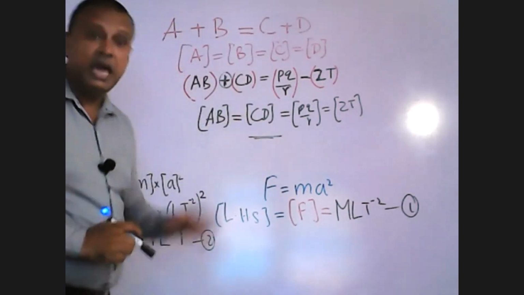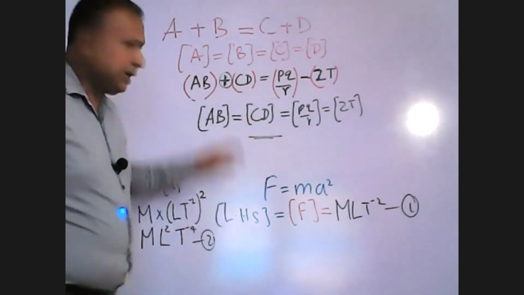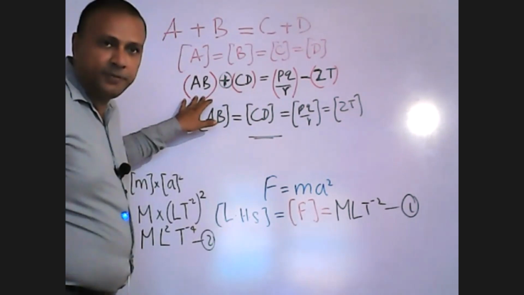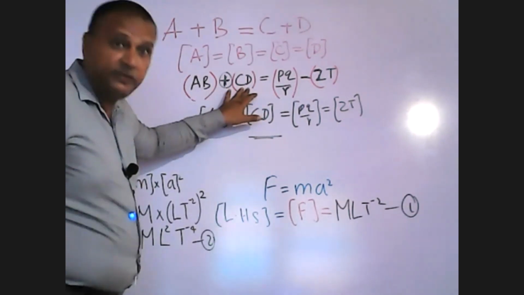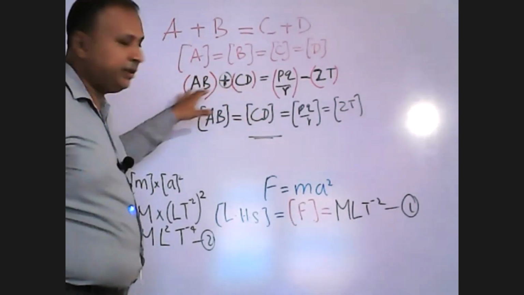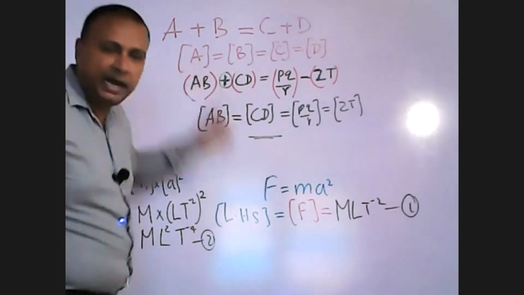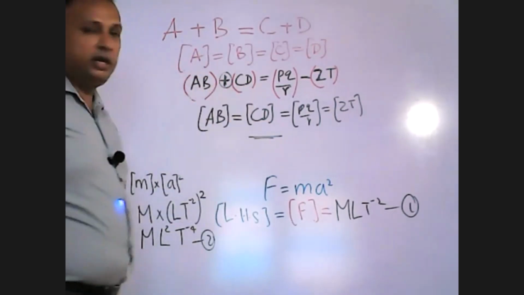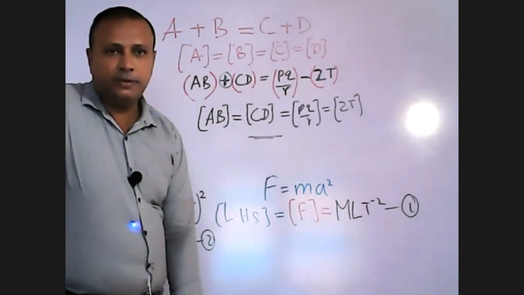Suppose AB is a physical quantity and CD is another physical quantity, and those two are connected with this plus sign. That means the dimension of AB should be the same as the dimension of CD.